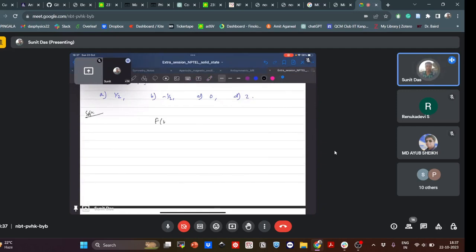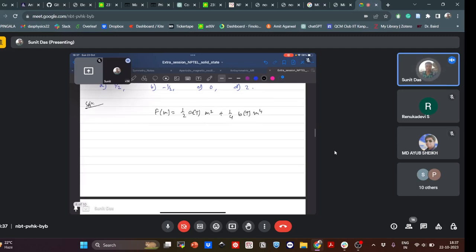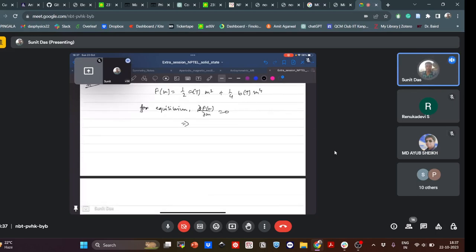So f of m is given as half of a of t m square plus 1 by 4 b of t m to the power 4. So for equilibrium, del f of m by del m will be 0, right? This is the extremal condition for f of m.